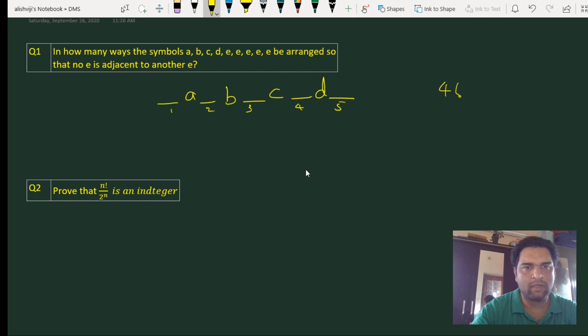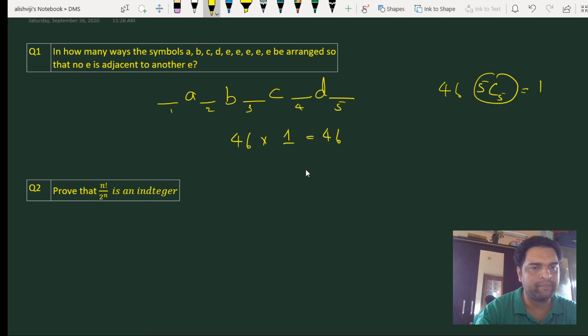Since there are exactly 5 positions and exactly 5 symbols E, that can be done in only one way, that is 5C5 ways. 5C5 is equal to 1, and therefore this can be done in only one way. So the total number of arrangements is 4! times 1, which is equal to 4!.